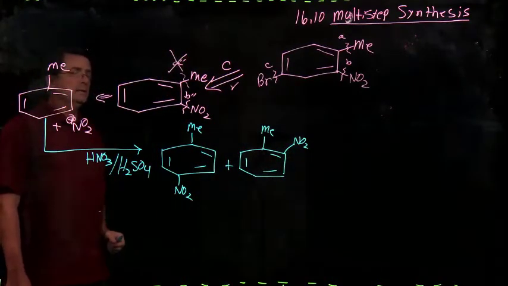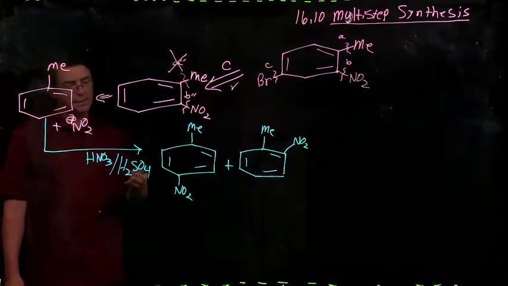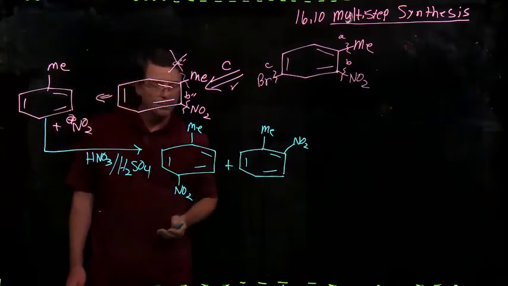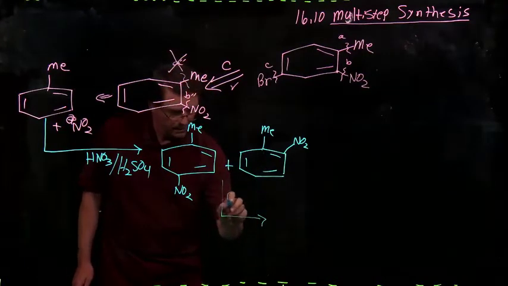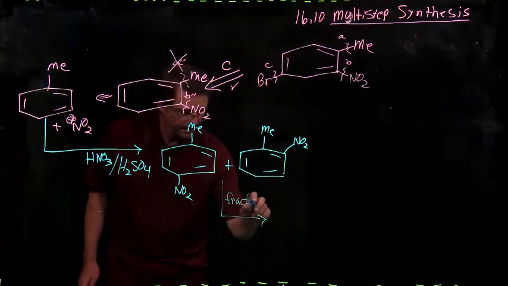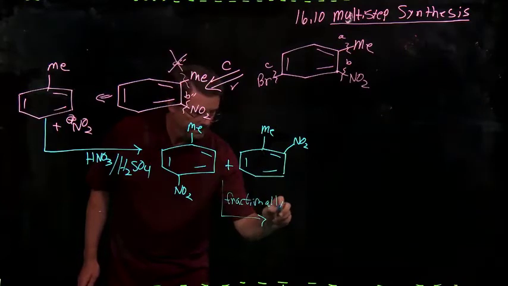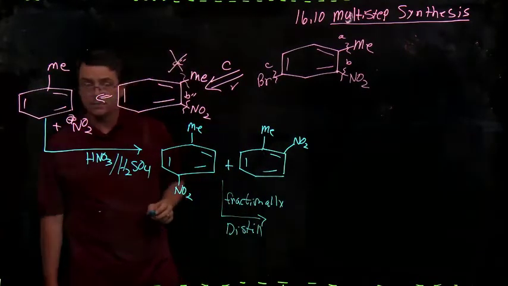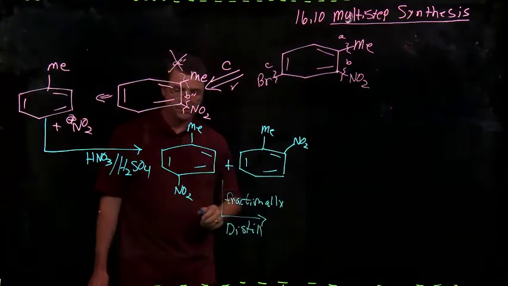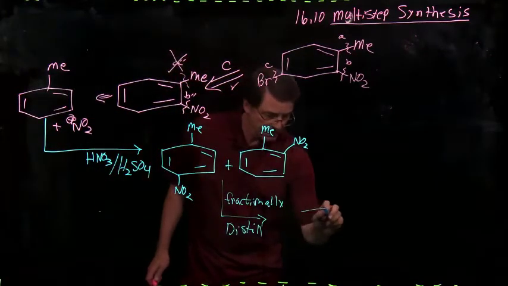Now, in this case, both will be produced, and we can probably fractionally distill these or fractionally crystallize them if the melting points are sufficiently different to obtain the desired one.